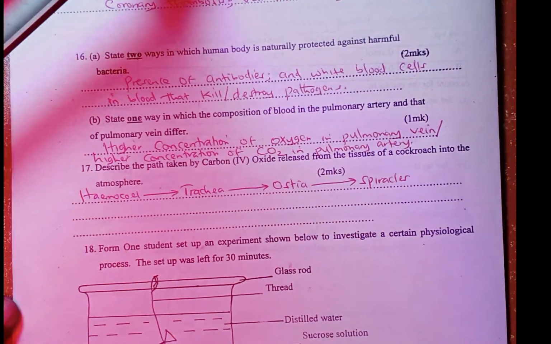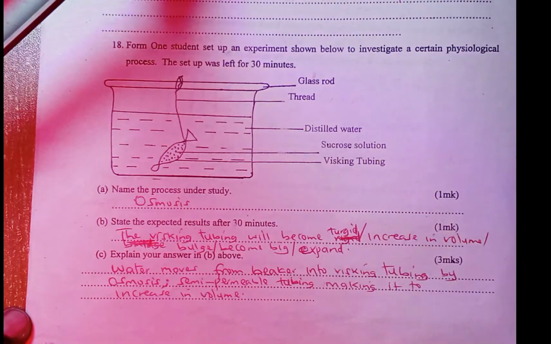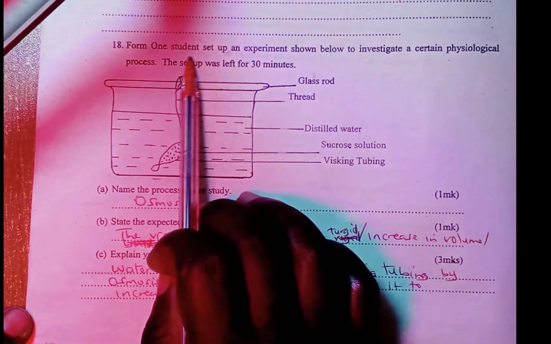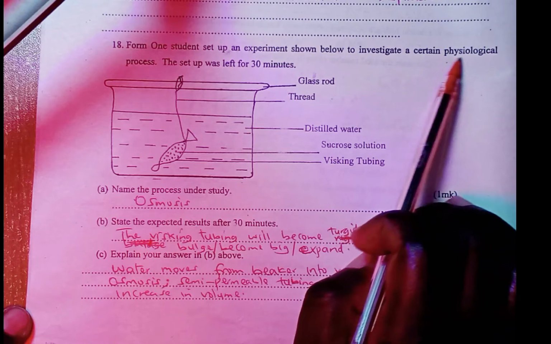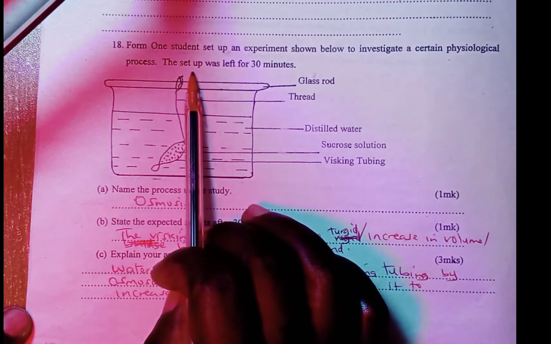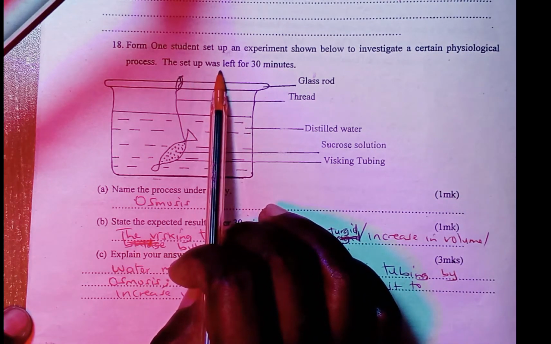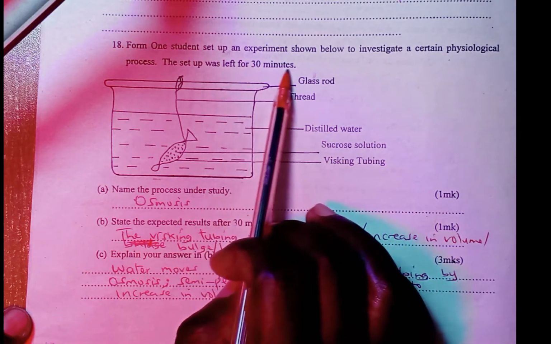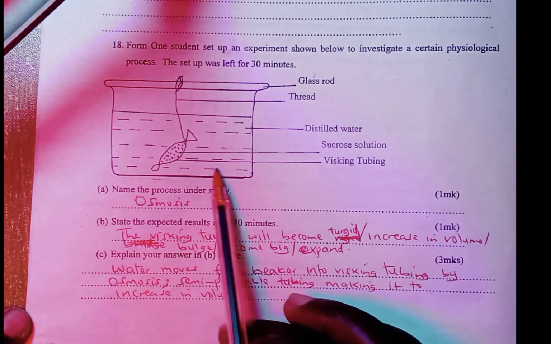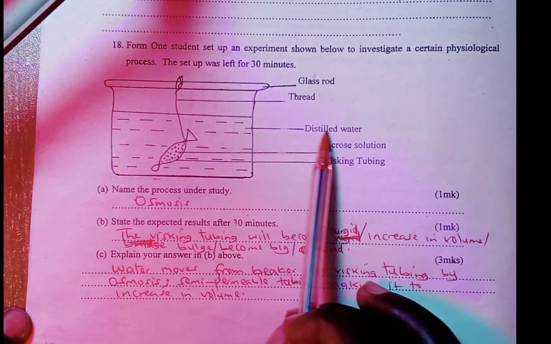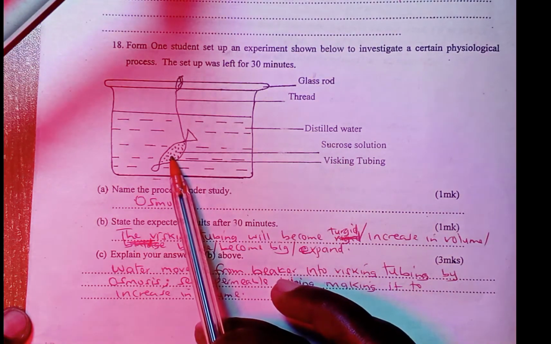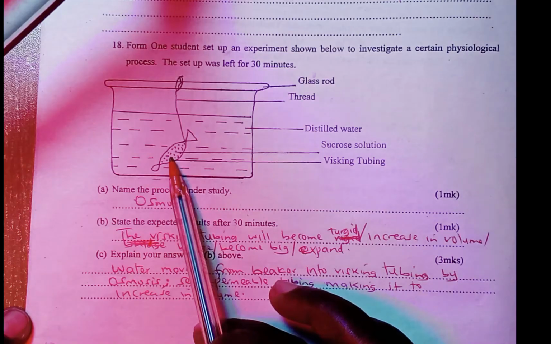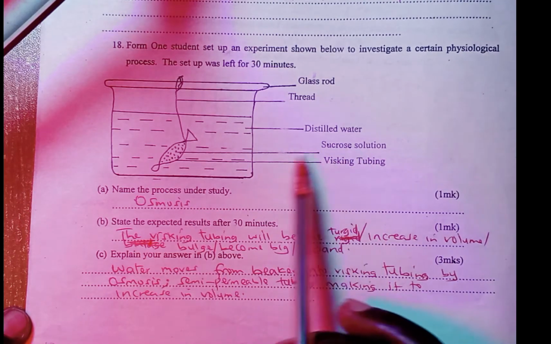Question number 18. Form 1 student set up an experiment shown below to investigate certain physiological process. Name the setup. The setup was left for 30 minutes. We can see in the beaker we have distilled water, and inside the visking tubing we have the sucrose solution.